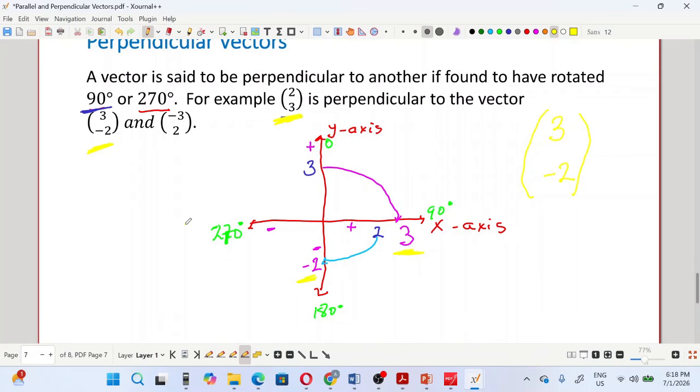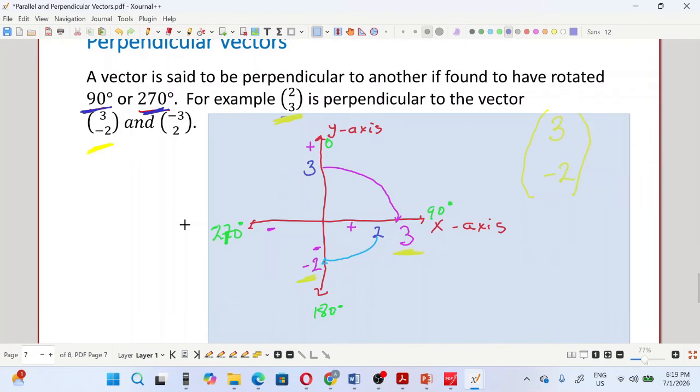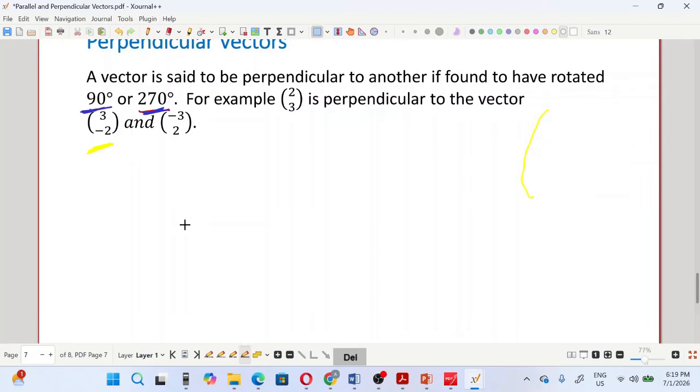So now let's pay attention to rotating it 270 degrees and see how it changes for it to be a perpendicular one. Right, so let me clean the whole of that. Okay, so let's look at the 270 degrees too.